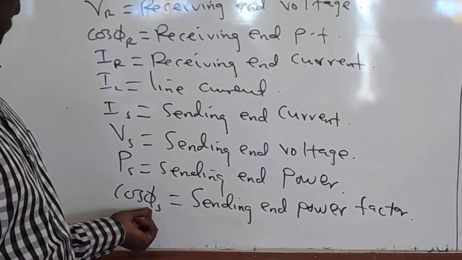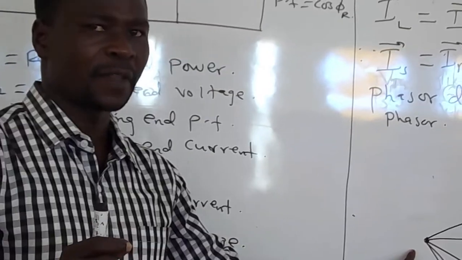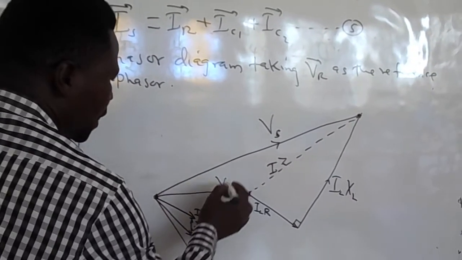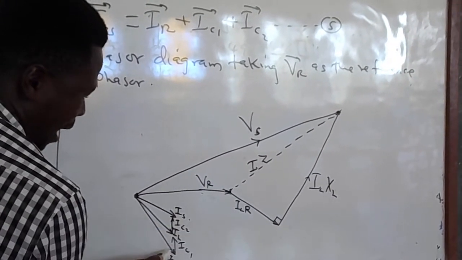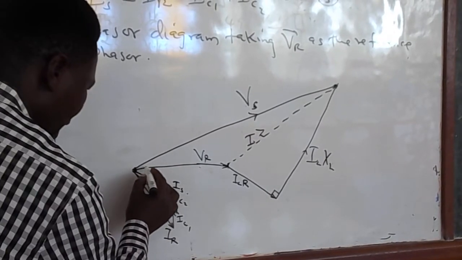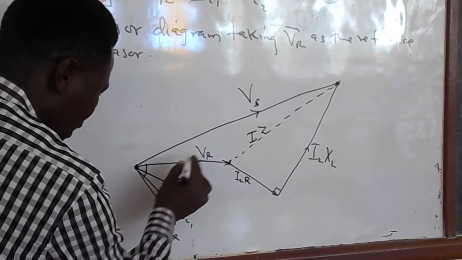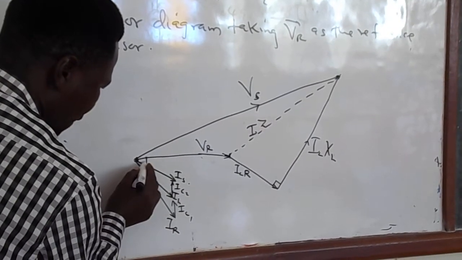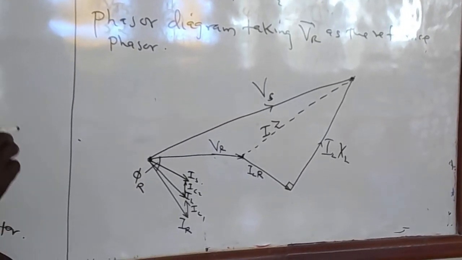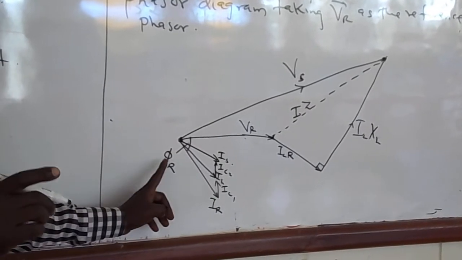The angles phi s and phi r can be obtained from the phasor diagram, whereby the angle between VR and IR gives us phi r. Thus, the receiving end power factor is the cosine of the angle phi r.